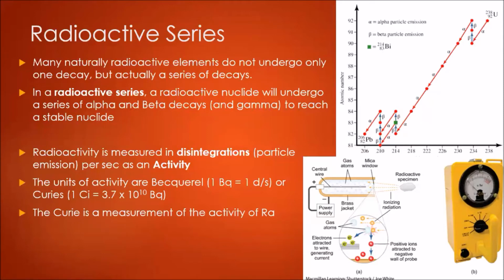Uranium-238 is the most common form of uranium. And it decays down to lead-206, which is not the most abundant natural form of lead. Lead's most common mass number is 207, maybe a little bit closer to 208.